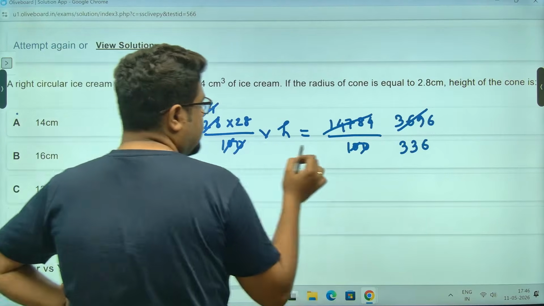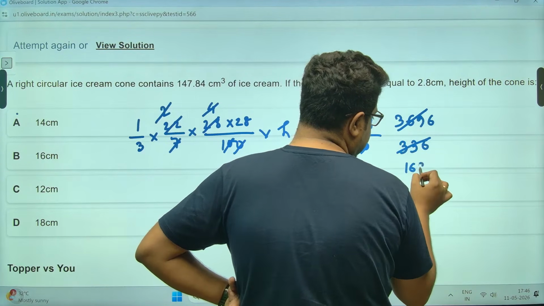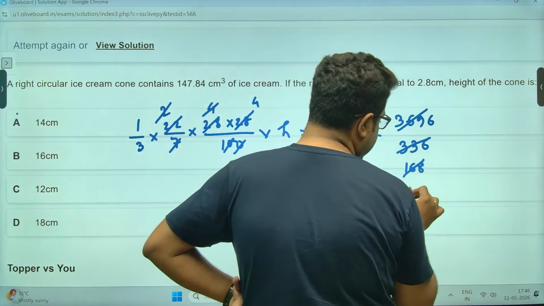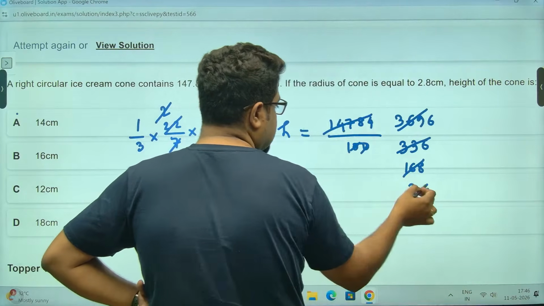So 2, 2 6s are 16, 2s are 32, 18. 7 fours are this, 7 twos are 14. So 6.